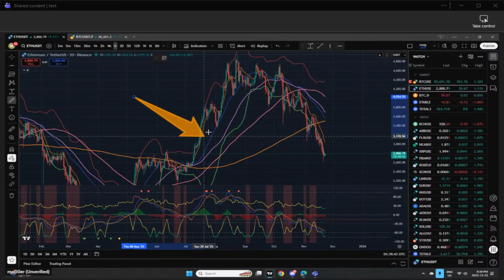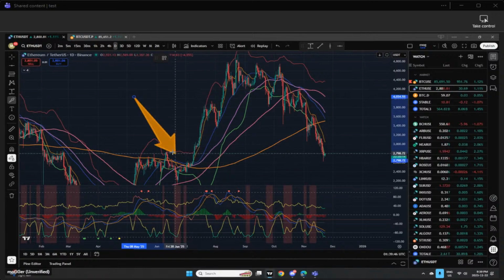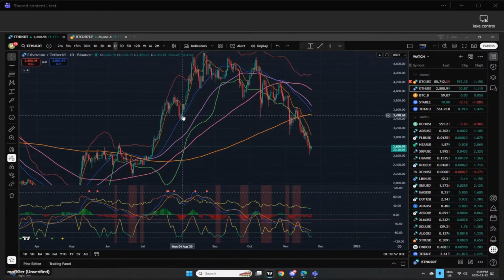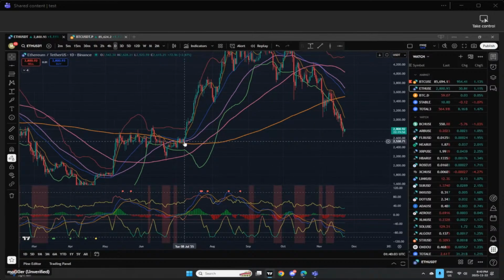That's my go-to line. This here's the line that I use religiously for almost everything. As you can see, when we break over, I don't like it unless it gets retested right away, like here. It broke out over, retested, moved up. Broke out over, retested, moved up.